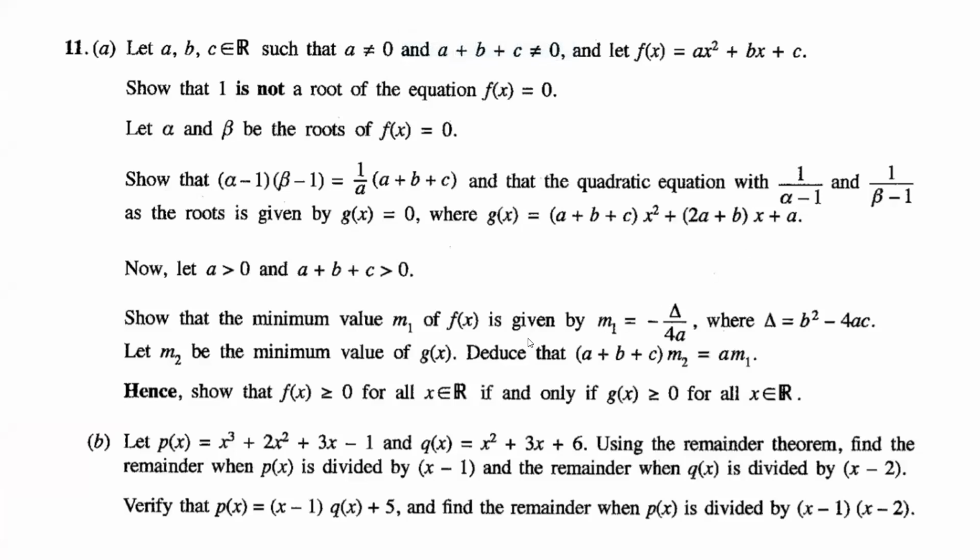You can't do the same thing we did for f(x) and get the minimum value for g(x). So we need to deduce it. How do we do that? We compare the two equations f(x) and g(x), and then substitute into the answer we got. So let's do this again.